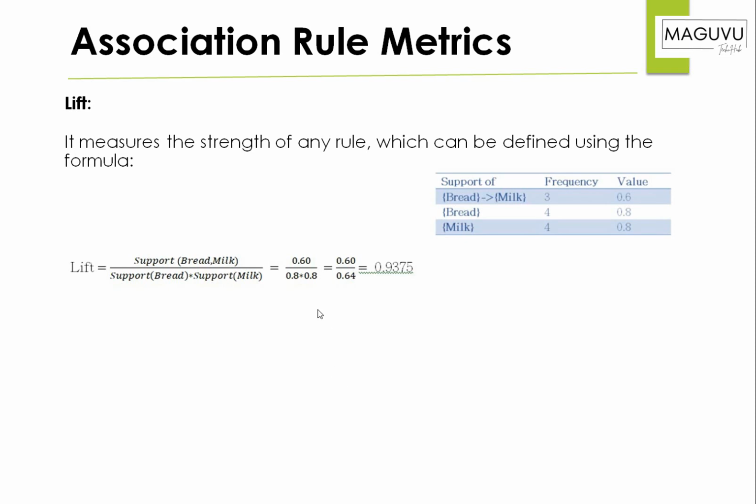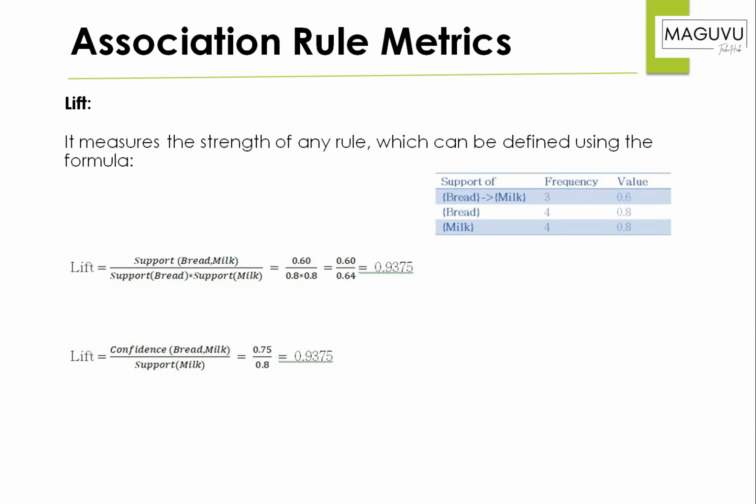So in our example, we already have the support of bread and milk, which is 0.6, divided by the product of the support of bread and support of milk, which is 0.8 and 0.8. If we do the math, we get 0.6 divided by 0.64. It gives us 0.9375.